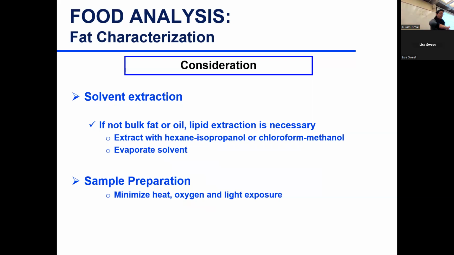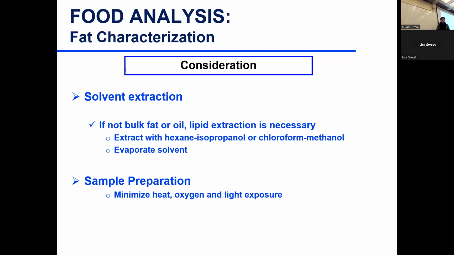If it's not an oil or a margarine or a butter, and it is, let's say, oats or flour, you extract the oil or fat from that flour using hexane or a combination of other solvents, batch extraction.